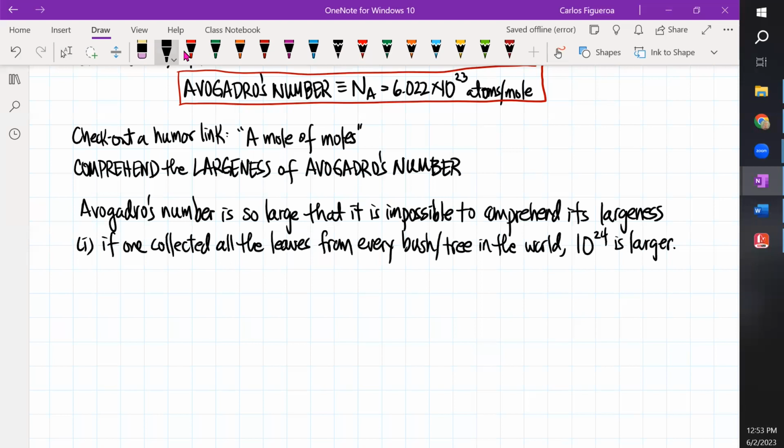Think about that. Collecting every leaf from every tree, bush, and plant in the world, 10 to the 24 is larger.